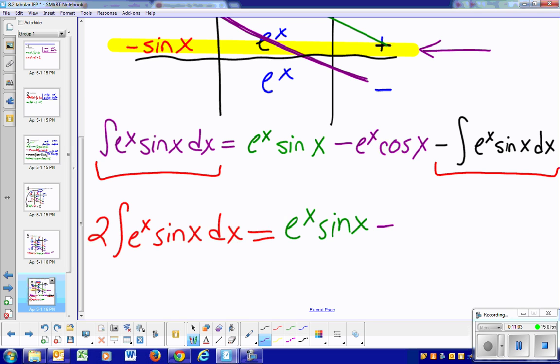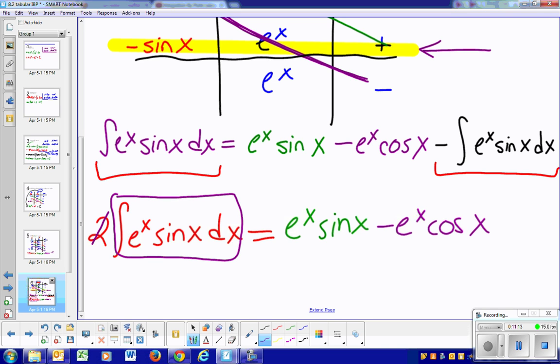Okay? And since what we were trying to solve for in the first place was this integral, to solve for it, all I need to do is divide by this 2 over here. And because I did integrate, I should have a constant of integration. And that's it. This part here is the answer to the original integral.